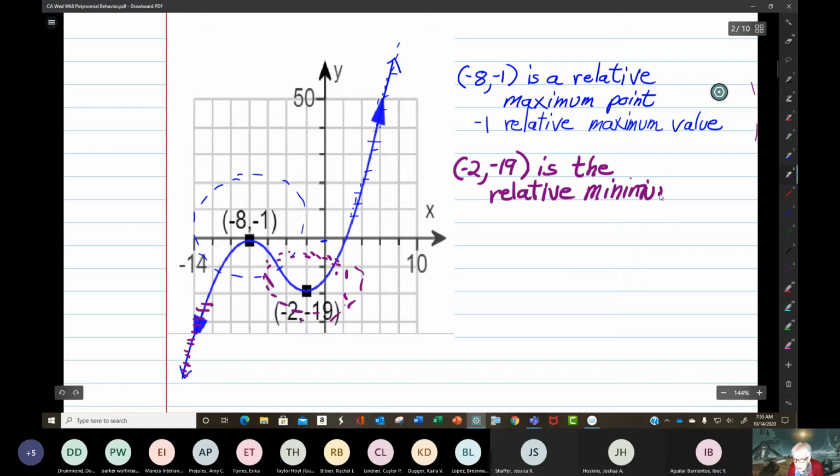Minimum point, PT, point. And -19 is as low as the points in the neighborhood get.